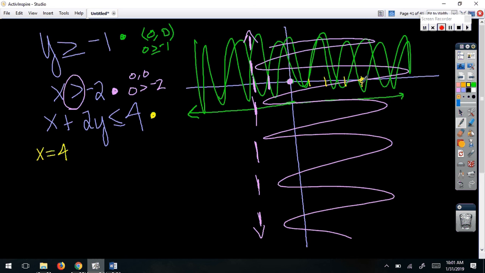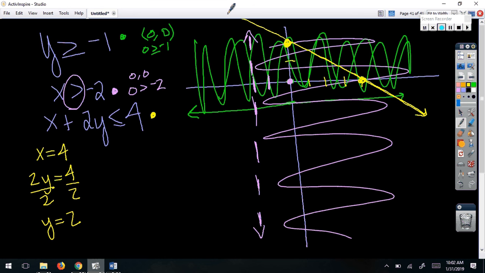See why we practiced graphing lines yesterday so long? And then 2y equals 4. Is it solid or dashed? Solid. I'm going to give everybody a second to catch up with me.